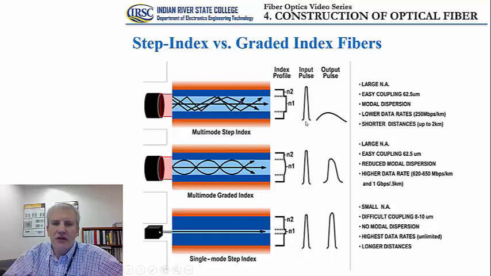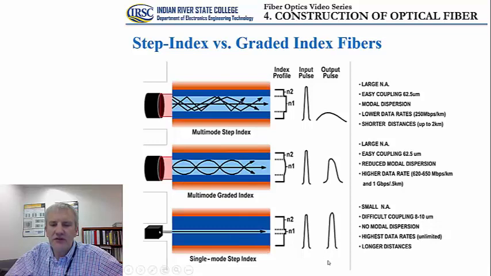Each of the fibers has the input pulse of the same width, but the output pulse that arrives on the other side of the optical fiber is significantly different. In the case of a single mode stepped index fiber, the width of the pulse is relatively similar to the width of the input pulse. In other words, we didn't have a lot of dispersion occurring during the whole propagation.